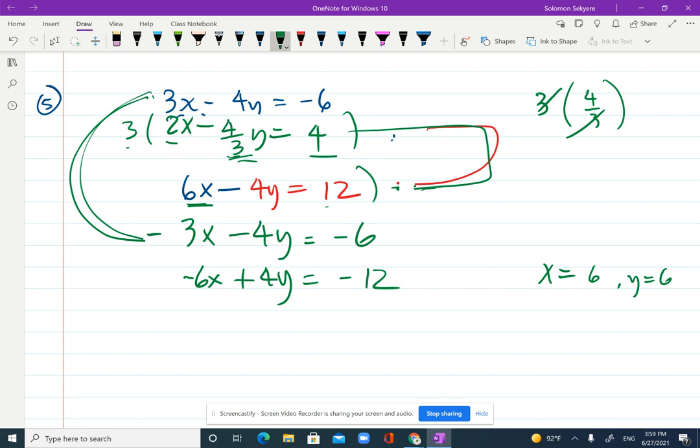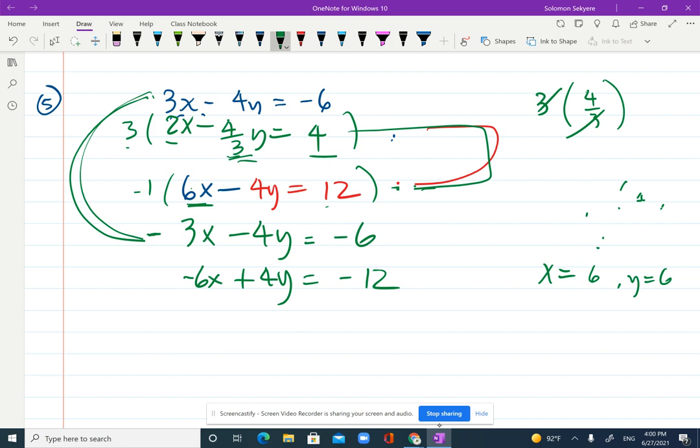You can either subtract negative 4y minus 4y, which becomes negative 4y plus 4y. You can either subtract, okay, or you can multiply one of them by negative 1, so you can change it. So if we multiply this by negative 1, what happens?